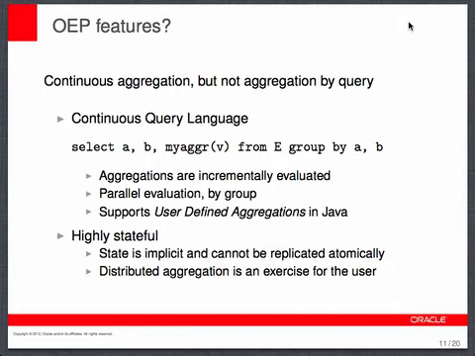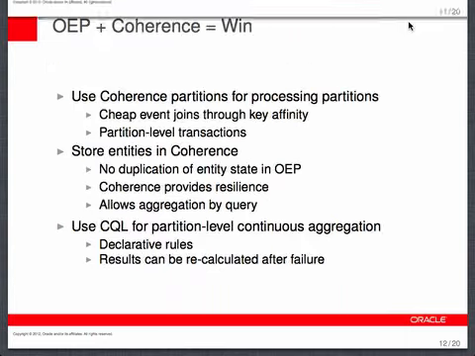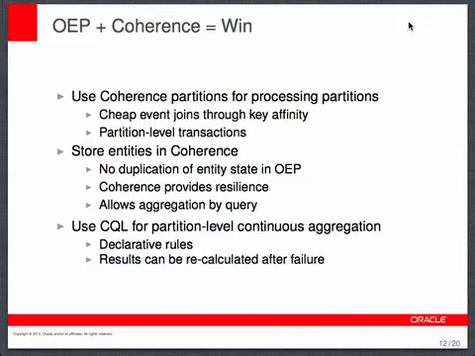And there isn't anything in the product that lets you sort of magically replicate that and duplicate that elsewhere, back it up, without doing exactly the same calculation on a peer process. So that's a challenge. So it turns out if you combine the two products, you can get the best of both worlds.